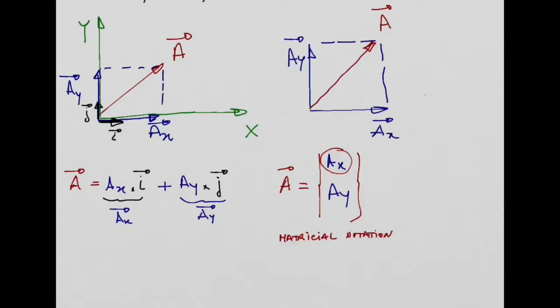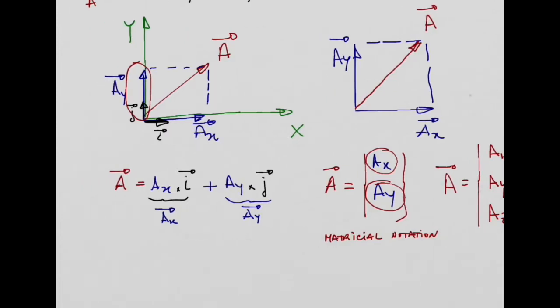While this component here, the second one, is the component in the y direction. Of course, if you have a vector in 3 dimensions, for example, my vector A described in a 3-dimensional coordinate system, I will have a component in the x direction, AX, a component in the y direction, and a component in the z direction.